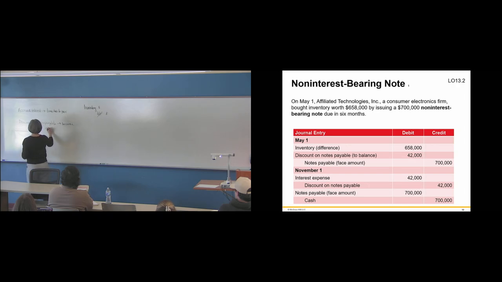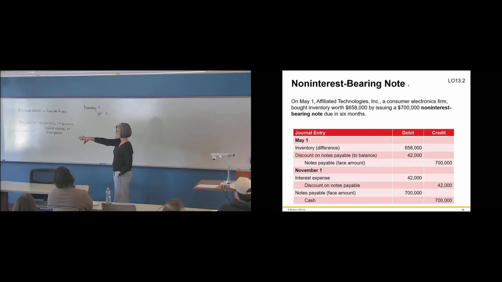This will become interest expense as time passes. But we can't call it interest expense just yet because what hasn't happened yet? Time hasn't passed yet, right? So it's a temporary account. Again, you're not required to pay back the note for 6 months, so you don't have to do a journal entry every single month.